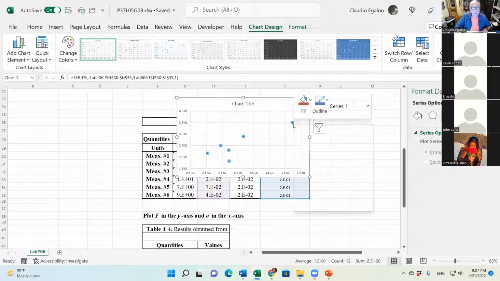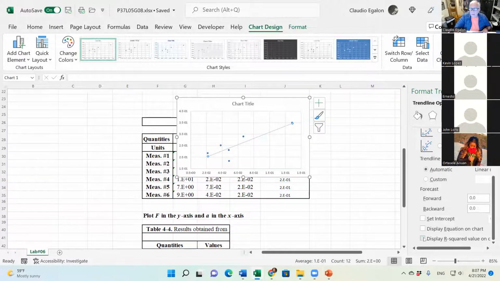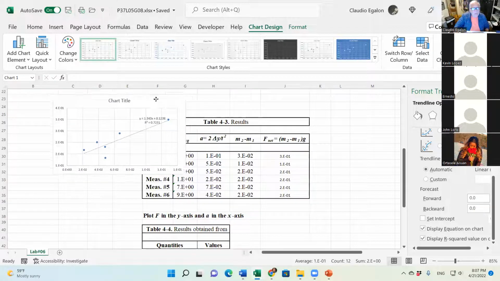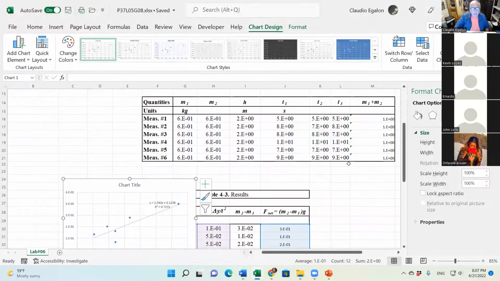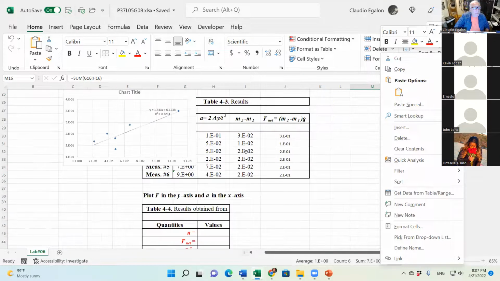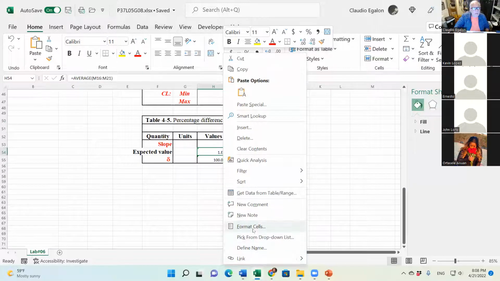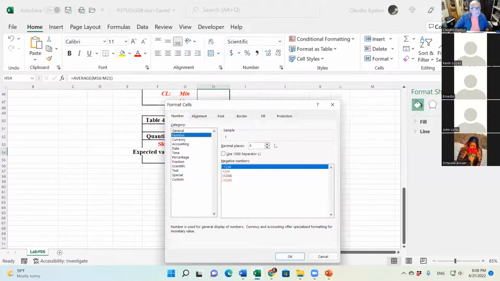Okay, and then we put a trend line there. Let's see if the trend line matches our expected value. I'm getting a trend line of 1.343. Let's see if that's what it's supposed to be. Format cell, it should be the average value.